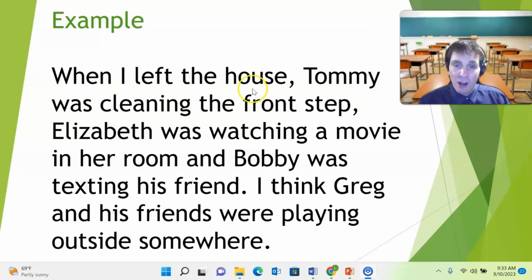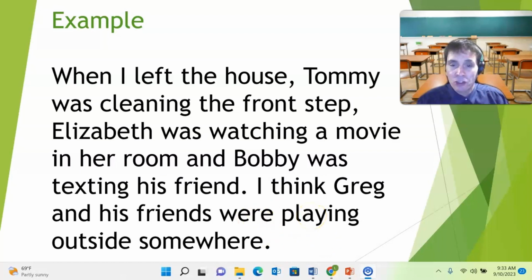When I left the house, Tommy was cleaning the front step. Elizabeth was watching a movie in her room, and Bobby was texting his friend. I think Greg and his friends were playing outside somewhere. So here we see many different subjects performing many different actions all at the same time in the past.